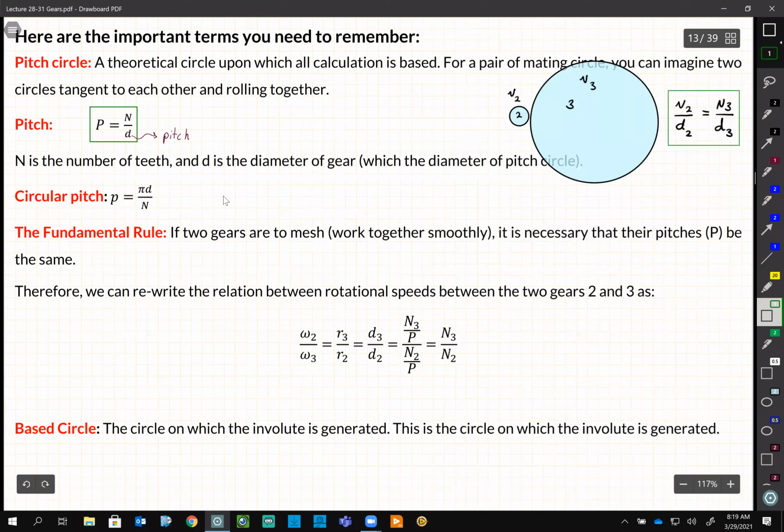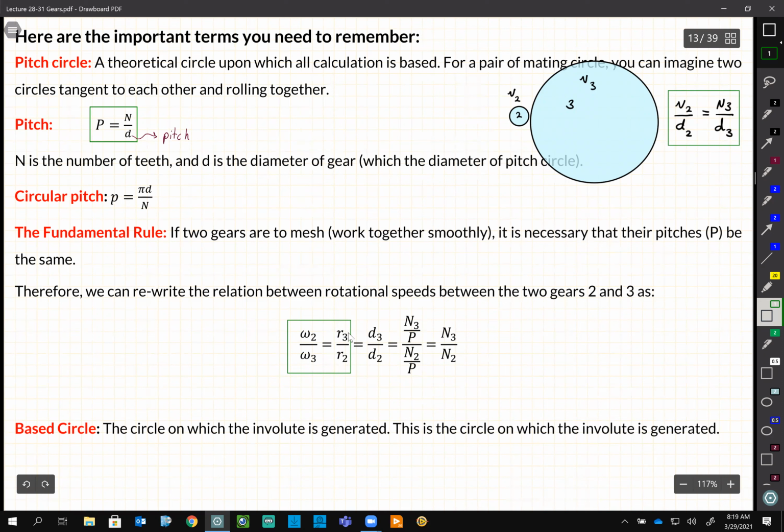So using this fundamental rule that two gears must have the same pitch, if you recall last day, we showed that omega 2 divided by omega 3 is R3 divided by R2, right?